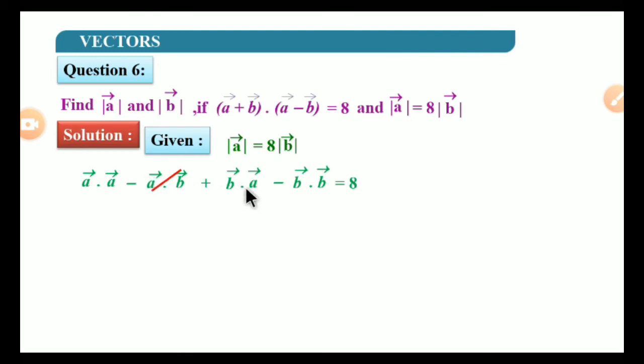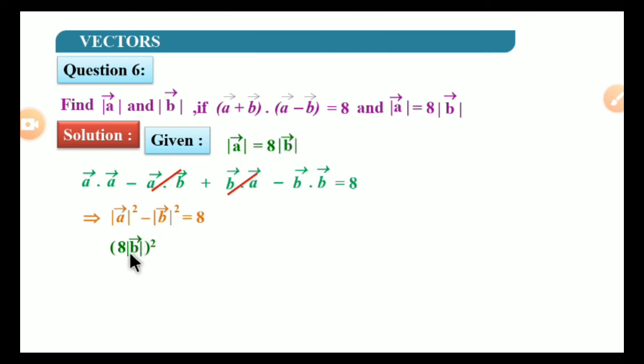Before that we can cancel both of them because A dot B is equal to B dot A, and both have opposite signs. Therefore, after cancellation we have magnitude of A square minus magnitude of B square is equal to 8.